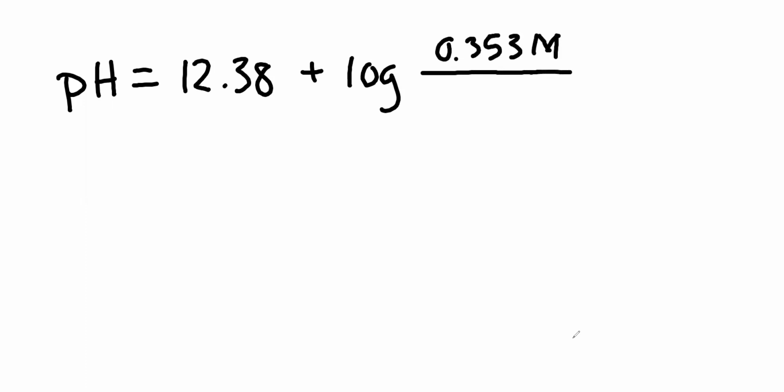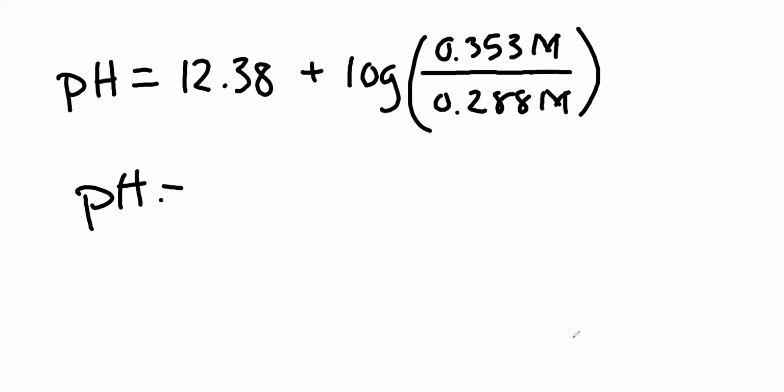And then in the denominator is our weak acid, 0.288 molar. And we do need to do this division before we take the log. And when we solve for the pH, we get 12.47.